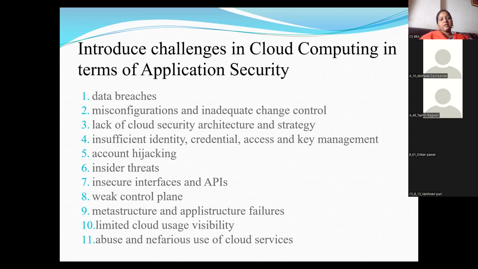Whether negligent or intentional, insiders, including current and former employees, contractors, and partners, can cause data loss, system downtime, reduced customer confidence, and data breaches. So these are the insider threats.